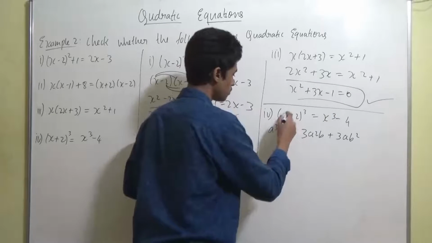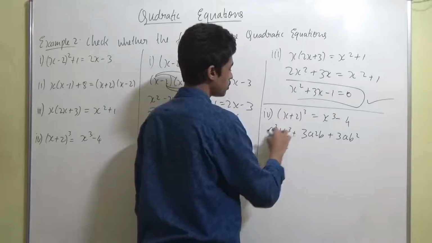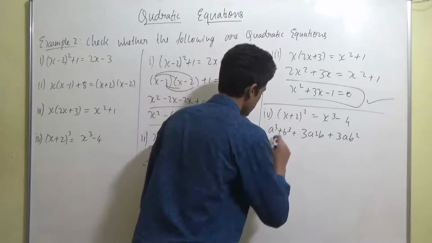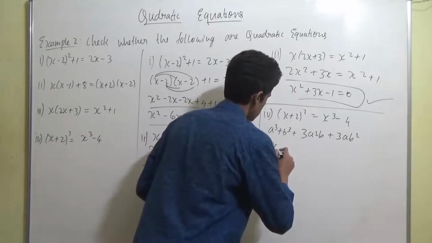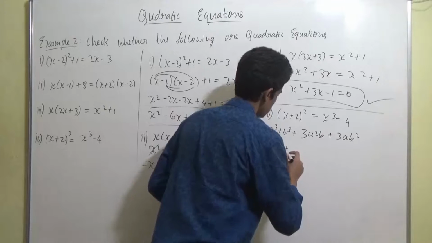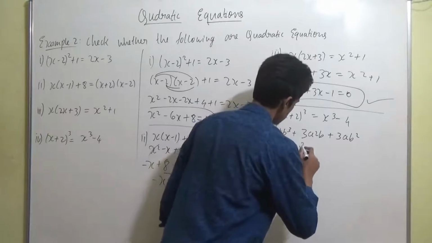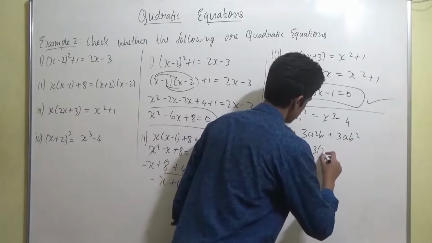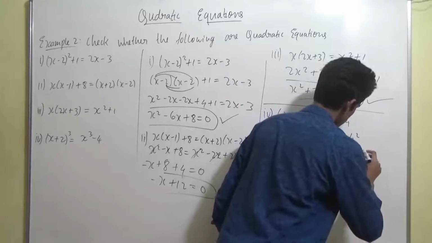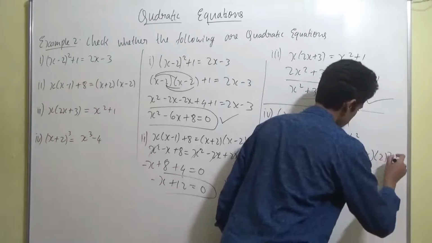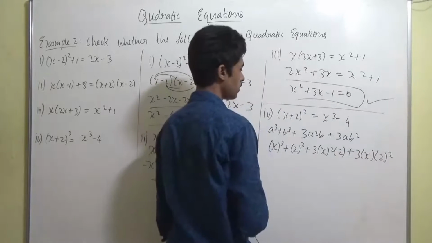So if you start putting the value of x and 2 in place of a and b respectively, you will be getting x cube plus 2 cube plus 3 x square 2 plus 3 x 2 square. Getting it guys? How I got this?